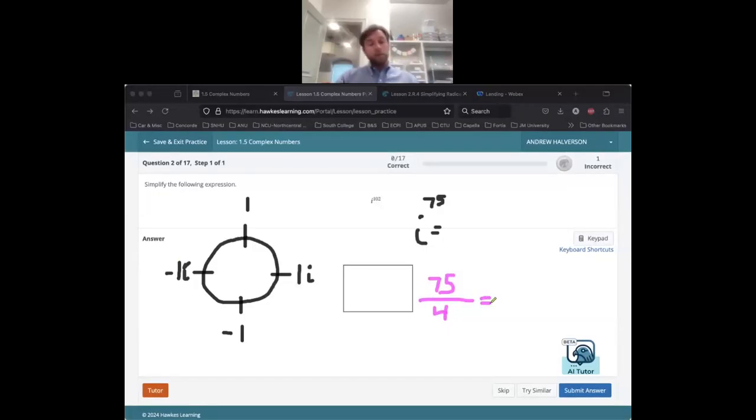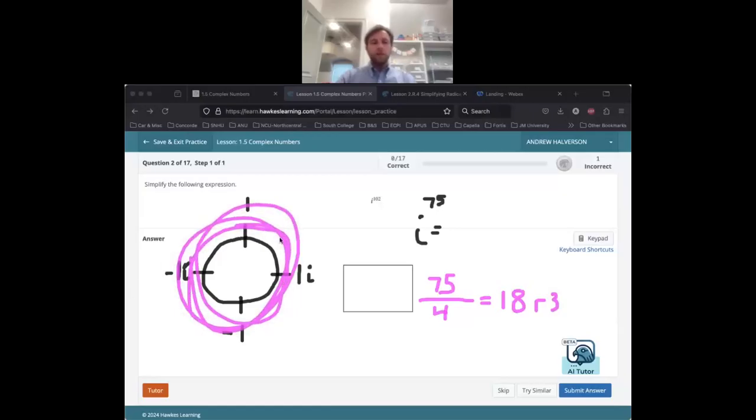Do your long division. 75 divided by 4 is 18 rotations with a remainder of 3. So I'm going to go around this clock 18 times, and on my final rotation I go 3 steps and end up right there. That's my answer. So this thing becomes minus 1i.